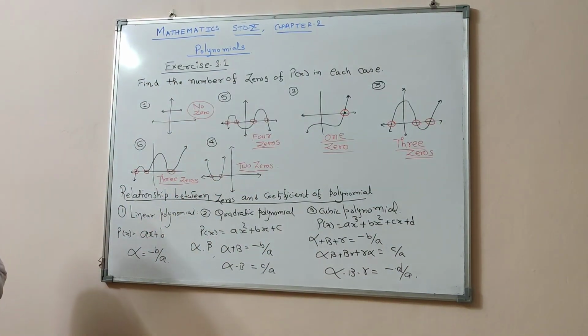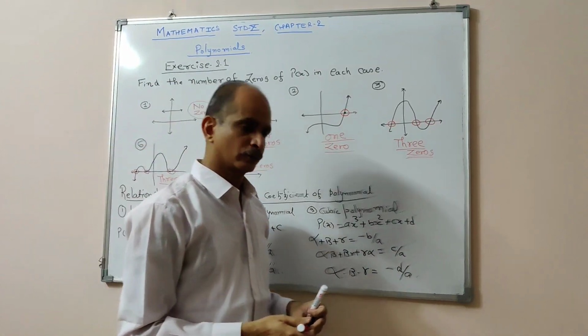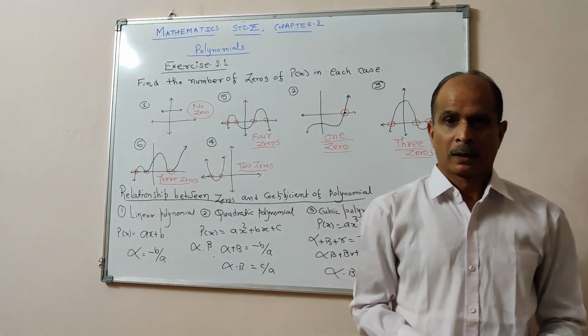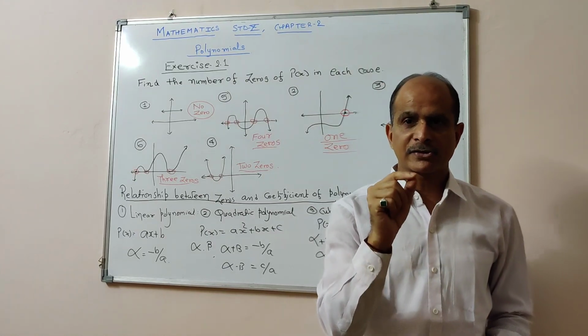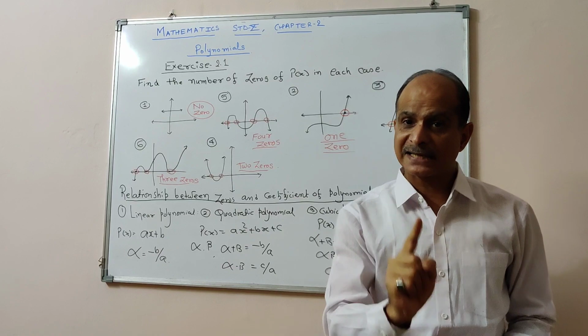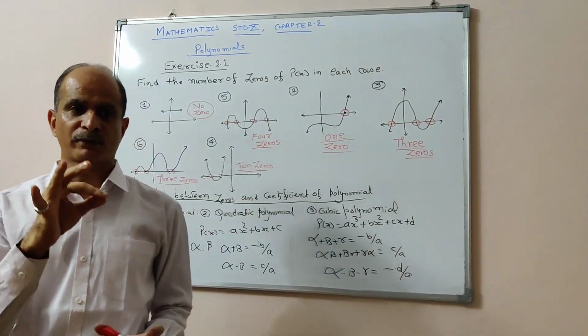So now friends, you know how to find the zeros from the graph. Intersection of the graph with the x-axis is known as zeros of a polynomial.